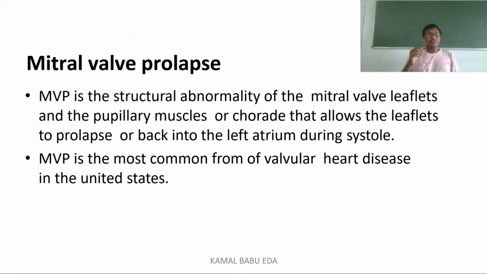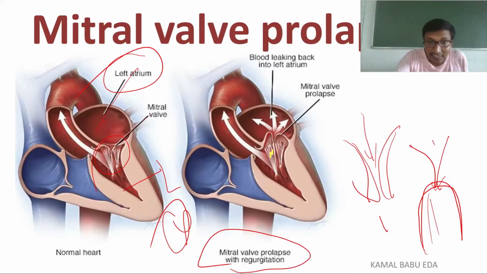Mitral valve prolapse is a structural abnormality of the mitral valve leaflets and the papillary muscles or chordae tendineae. If you see the picture clearly, these are the chordae tendineae or papillary muscles. They hold the leaflets in position.